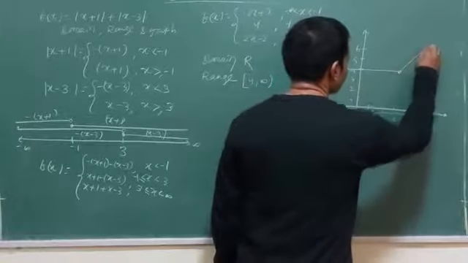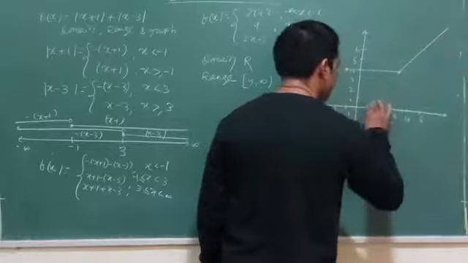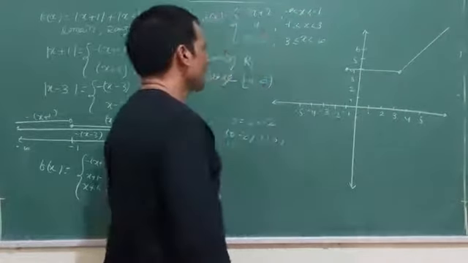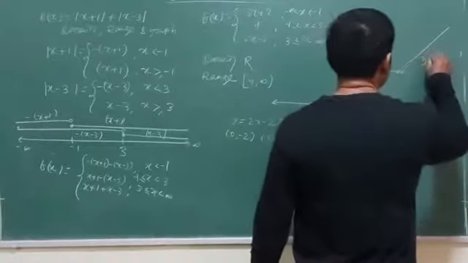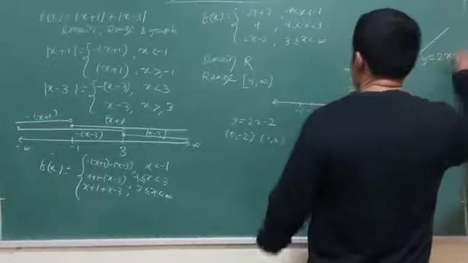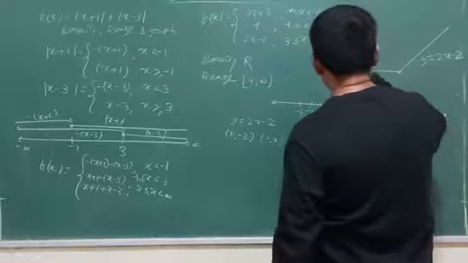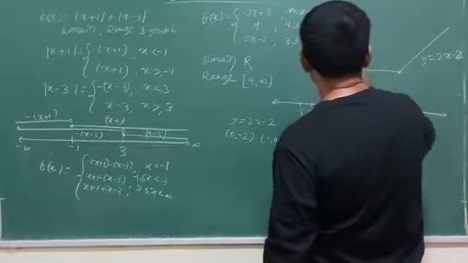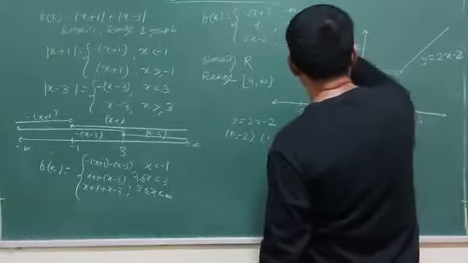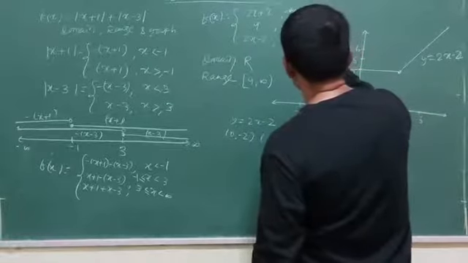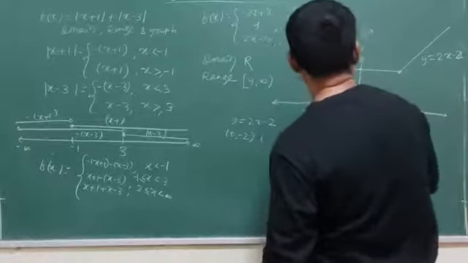This is my graph, y is equal to 2x minus 2. Similarly, with this one, it will pass through this point and the graph will be like this. y is equal to minus 2x plus 2.